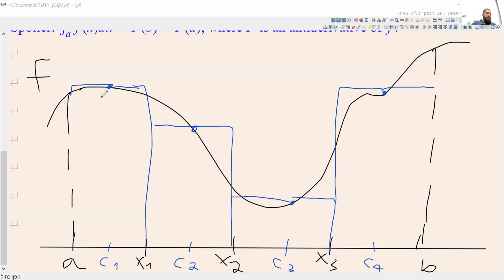One can easily see that it's not the actual area. We have some gaps for the function, and on the other hand, for the rectangles. Sometimes they are above the function, sometimes it's vice versa. So it's only our first step in the definition of the signed area, but it's a good first step.